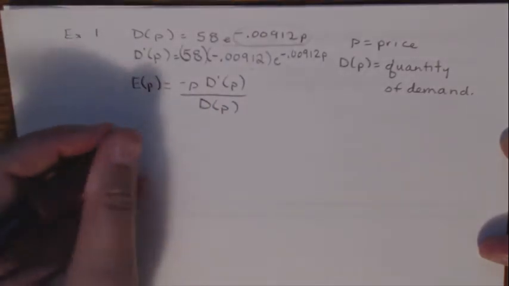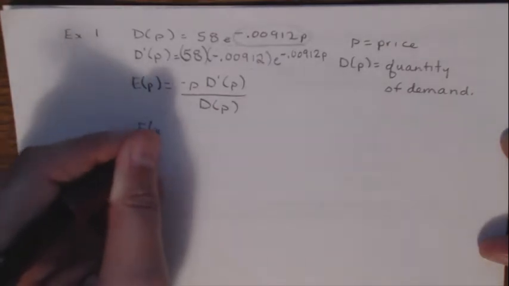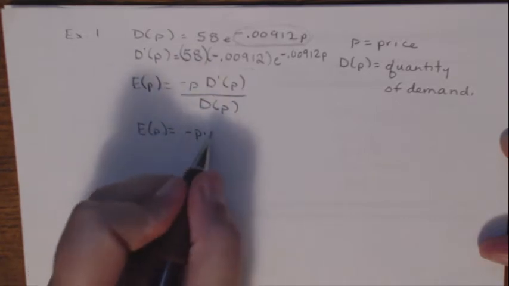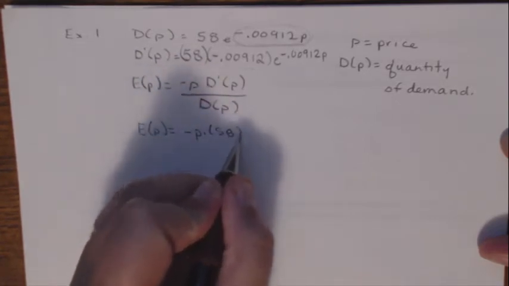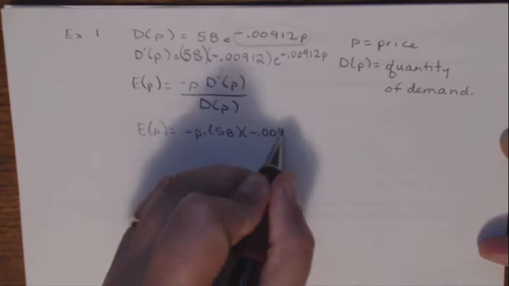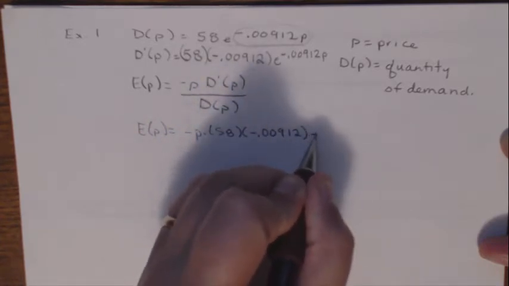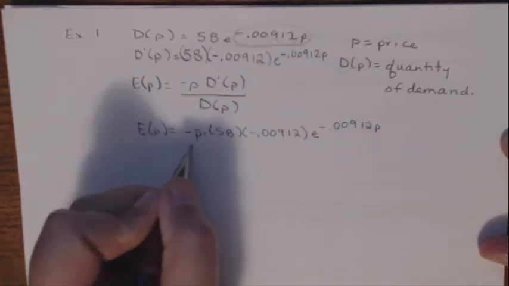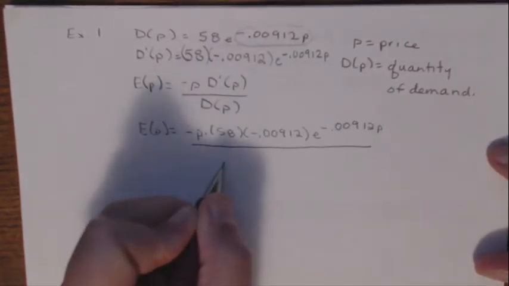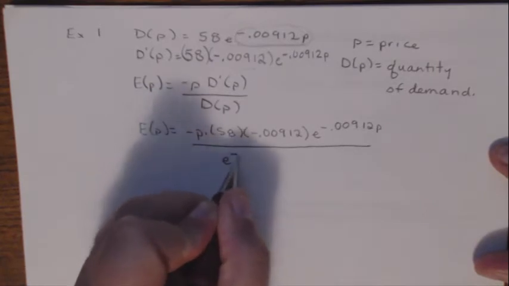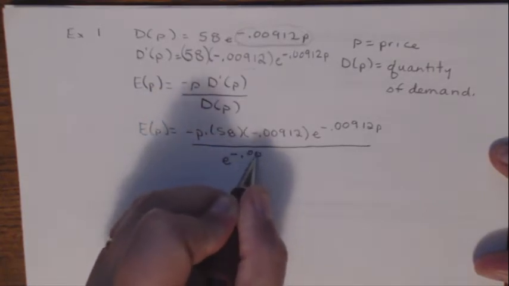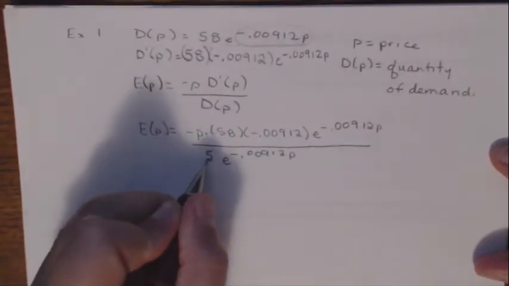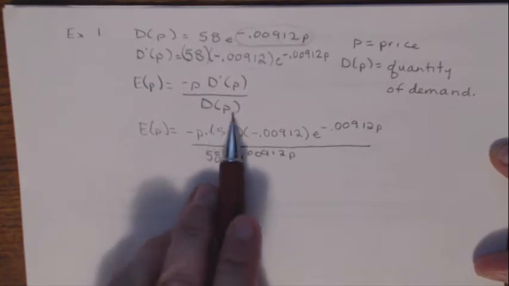And now E of P is equal to -P times 58 times -0.00912 times e to the -0.00912 p, over 58 times e to the -0.00912 p, over the original demand.